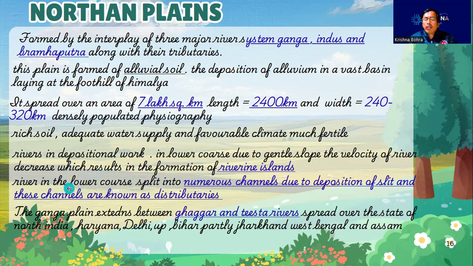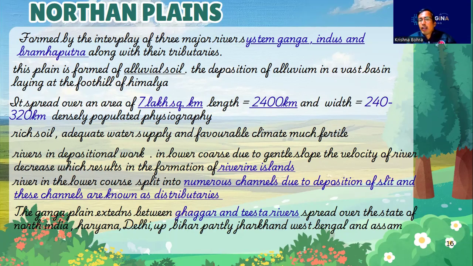A river in the lower courses splits into many numerous channels due to deposition of silt, and these kinds of channels formed we call distributaries. Why? When the river enters the lower plain from the mountain, with the high peak, it has higher velocity.